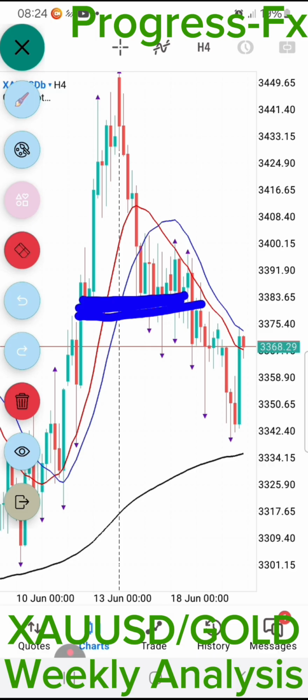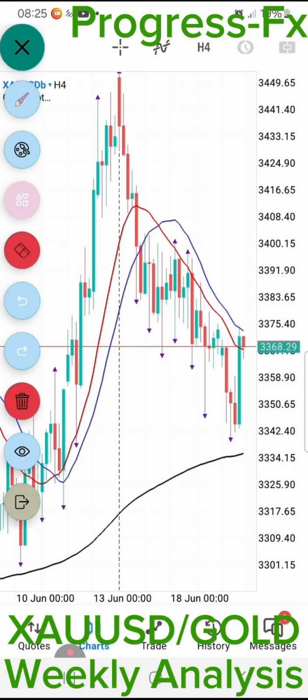This area certainly defiled, because why it usually defiles is once a candlestick like this one, let me show you this red one, engulfs down, the price will continue moving downwards.